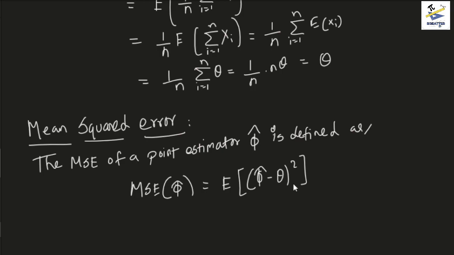This is the mean squared error, because phi cap minus theta is the error that we make when we estimate theta based on phi cap. Because see, phi cap is an estimator of theta, right? But since we say estimator, we are not really guaranteed that phi cap would always equal theta. So it estimates theta, so there can be some error, and that error is given by phi cap minus theta. And mean squared error is basically we square the error first, which is phi cap minus theta squared, and then we take the mean of it.